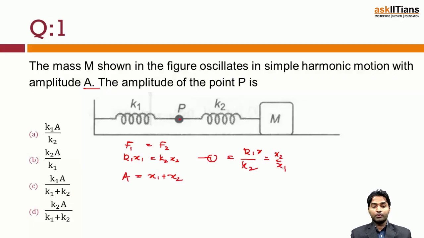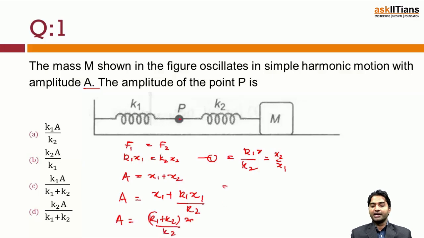So we put the value of x2 from here: A is equal to x1 plus x2, which is x1 plus K1 into x1 upon K2. So from this relation we get A equal to (K1 plus K2) into x1 upon K2.